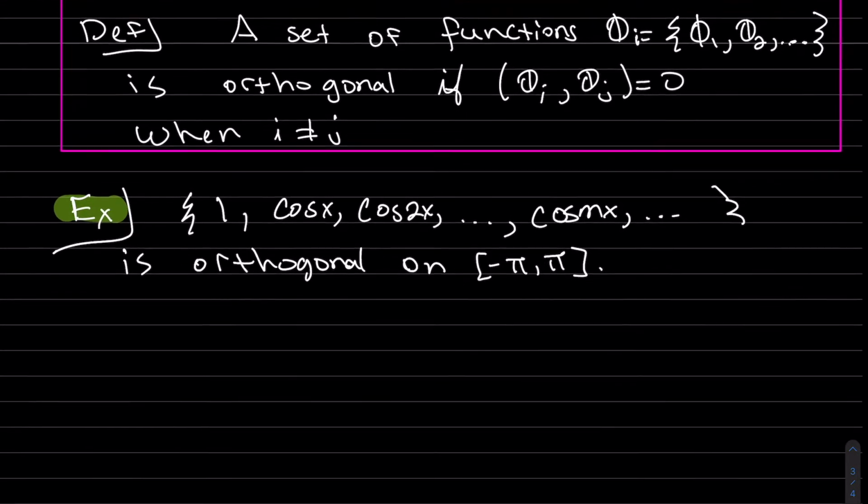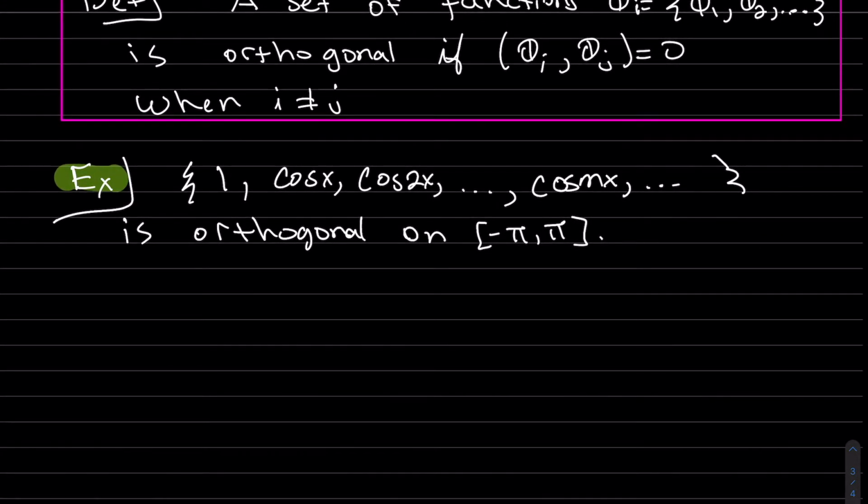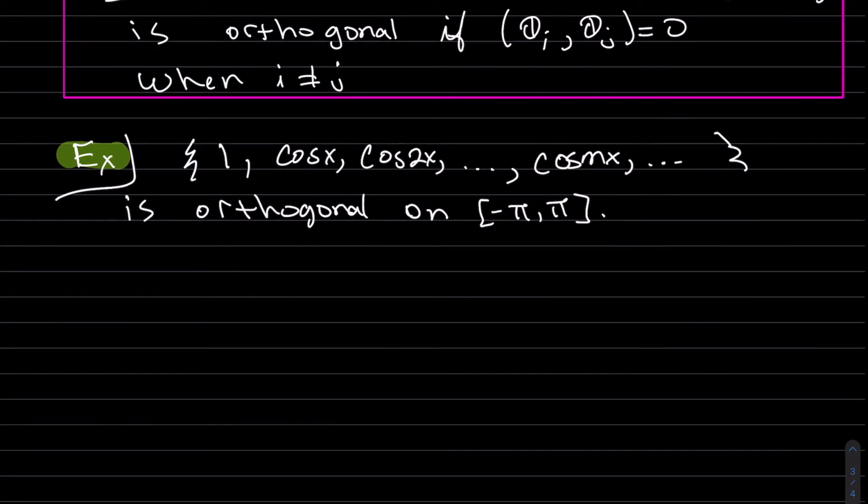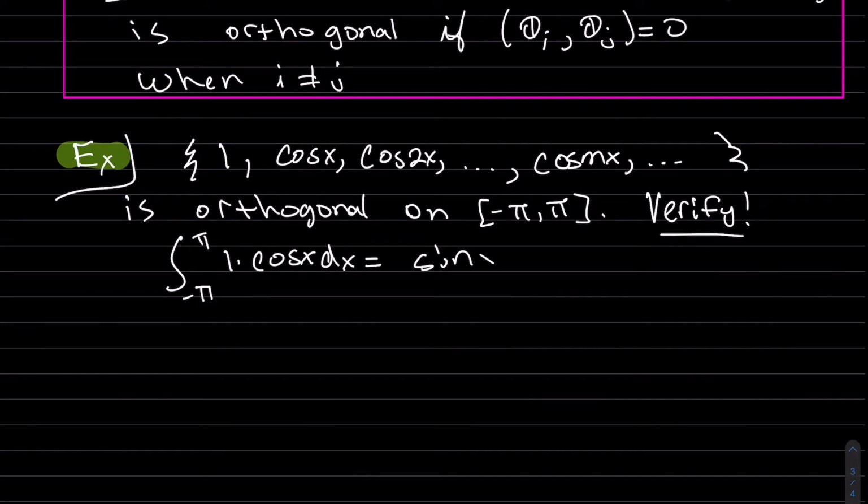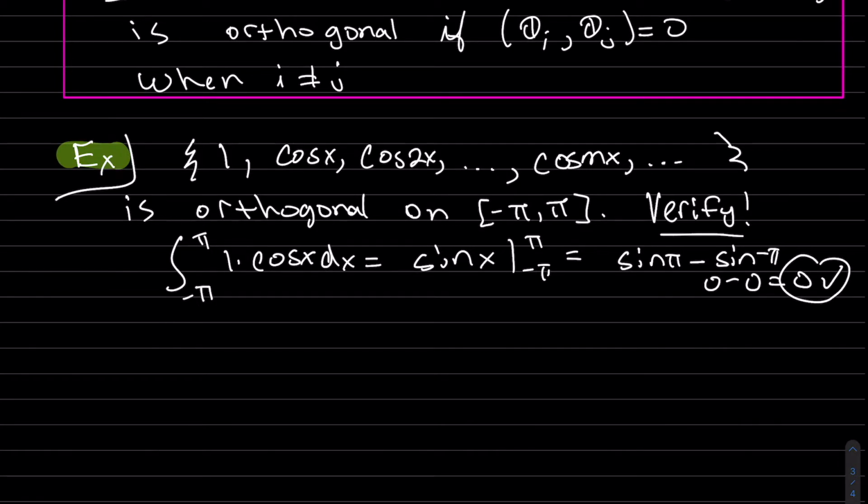We have a set here that is orthogonal on minus pi to pi, and we're going to verify this. The first thing to verify is that the inner product of any two that are not equal is 0. We'll start off with this one: sine of x from minus pi to pi, so we get 0.